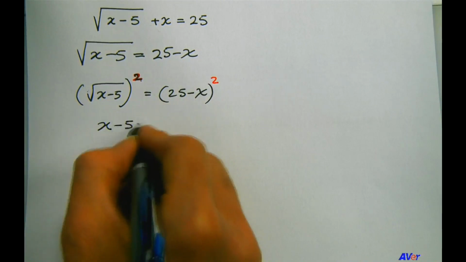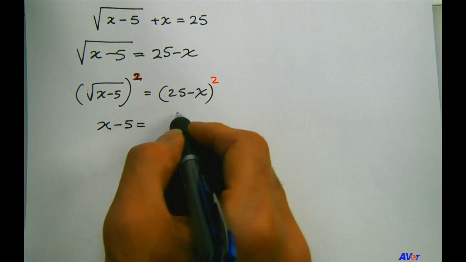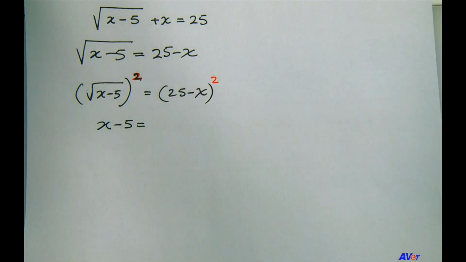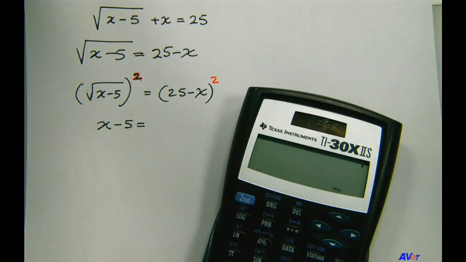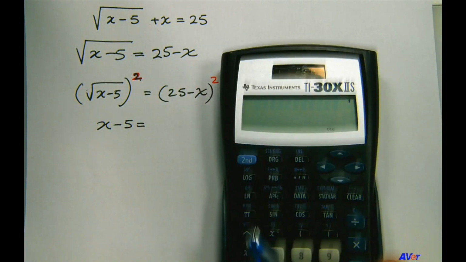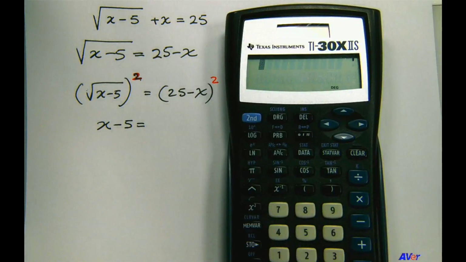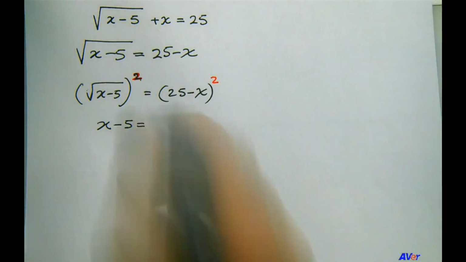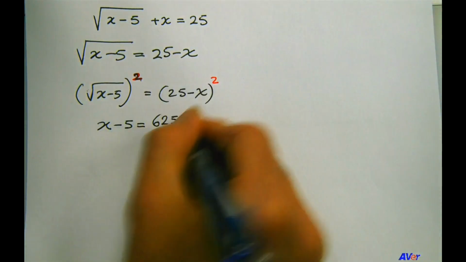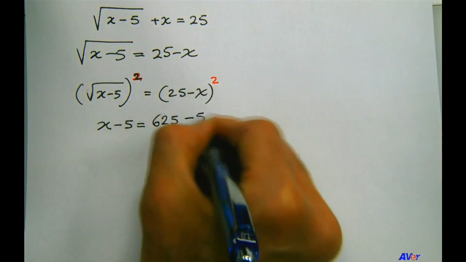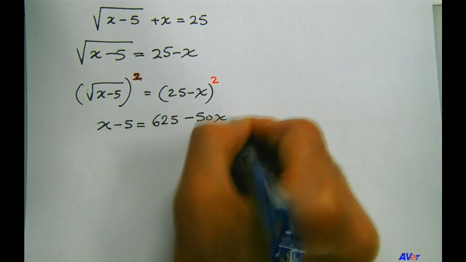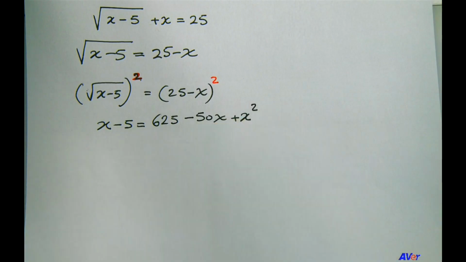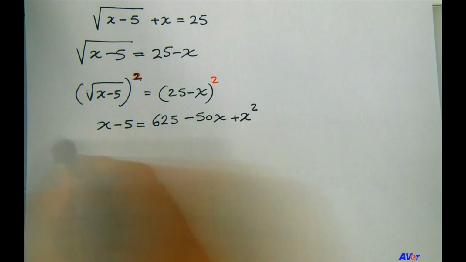So x minus 5. On the other side, I think I'm going to need my calculator here. So what is 25 squared? Right? So 25 squared is 625. So 625 minus 50x plus x squared. So this is a quadratic equation once again.